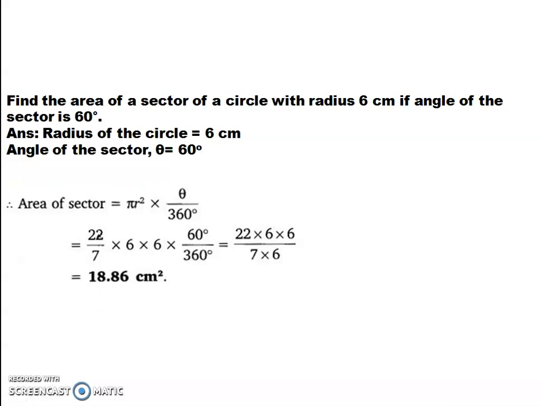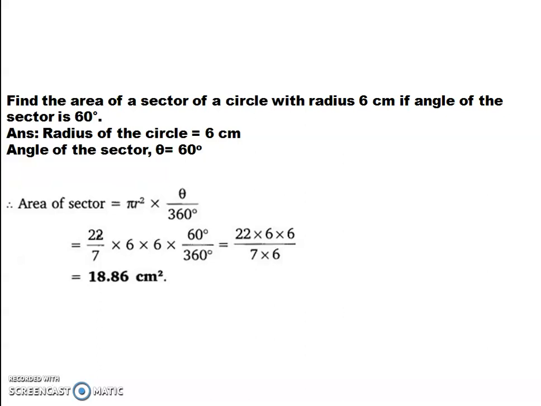First question from exercise 12.2. Find the area of a sector of a circle with radius r 6 cm if angle of the sector is 60 degree. Here this is a direct problem because radius of the circle and the angle of the sector is given to you.